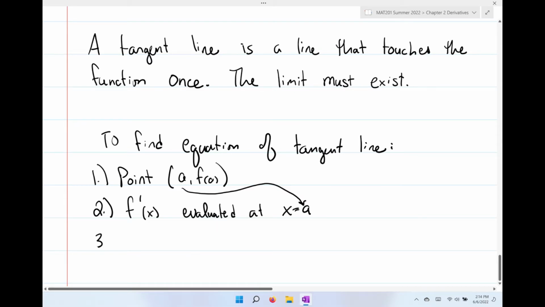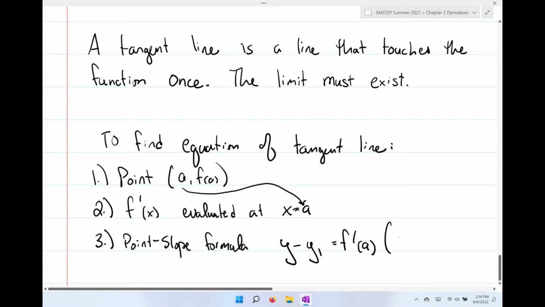And then the third thing that you're going to need is the point slope formula. And that is y minus y1, sorry, I'm thinking slope. Y minus y1 equals our derivative evaluated at a times x minus x1. Now, if you want to get very technical with this, which is fine by me, this is going to be f of a, and that's going to be a. But it's actually very simple and very straightforward.